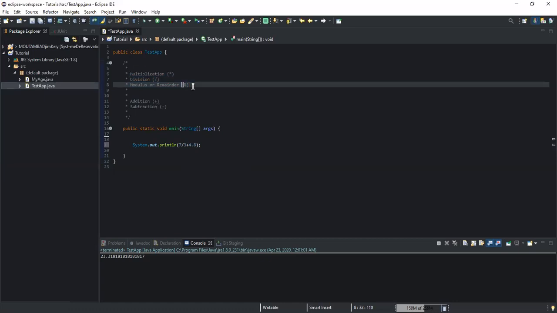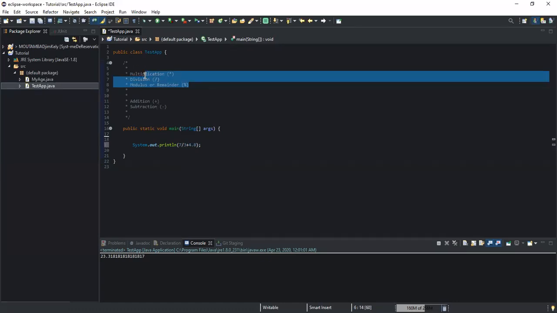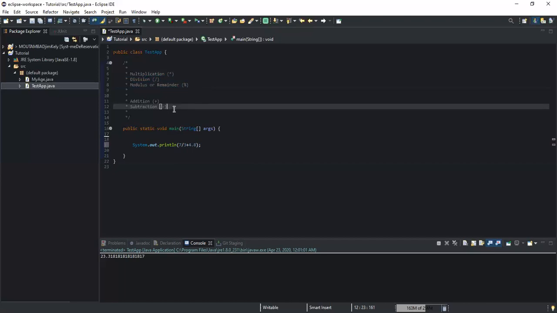It also says that the multiplication, the division, and the modulus have a higher level of precedence over the addition and the subtraction operators. And for the operators that have the same level of precedence, we evaluate an expression from the left to the right.